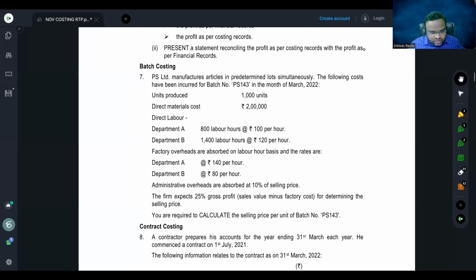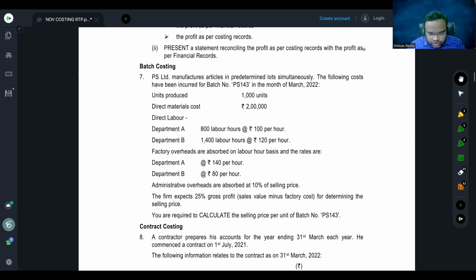Lot wise, the following costs have been incurred for batch number 143 in the month of March 2022. Units produced 1000 units. Direct material cost 2 lakhs. Direct labor, we have two departments. Department A, 800 labor hours at 100 per hour.